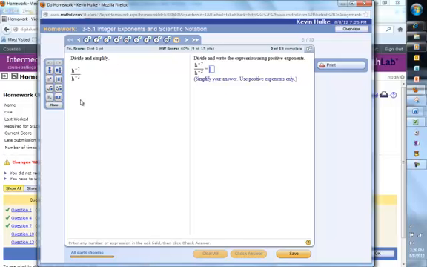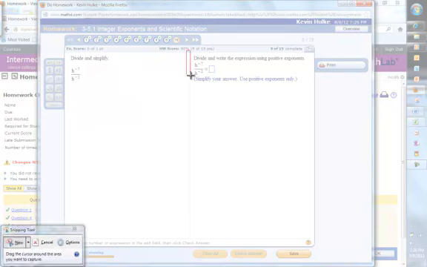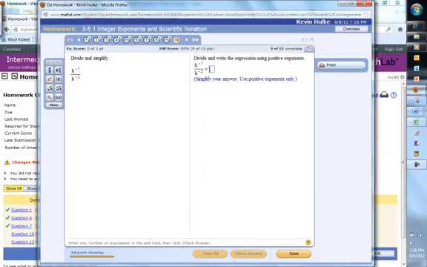So negative 7 minus 2, I better write this out for you. h to the negative 7 minus 2 minus negative 2 is h to the negative 5th. Since it wants it with a positive exponent, we would write that as 1 over h to the 5th. Remember, a negative exponent on the top is the same as a positive exponent on the bottom. h to the 5th.